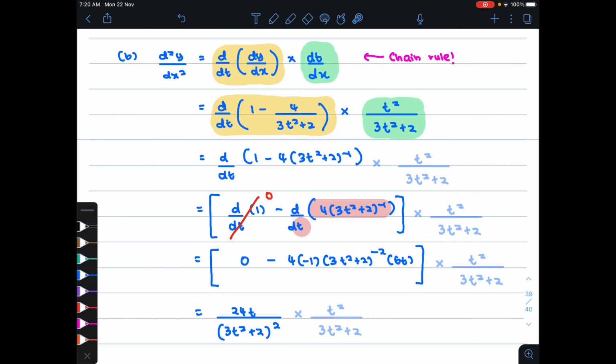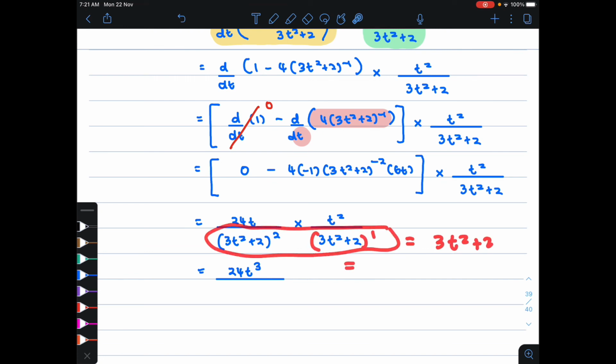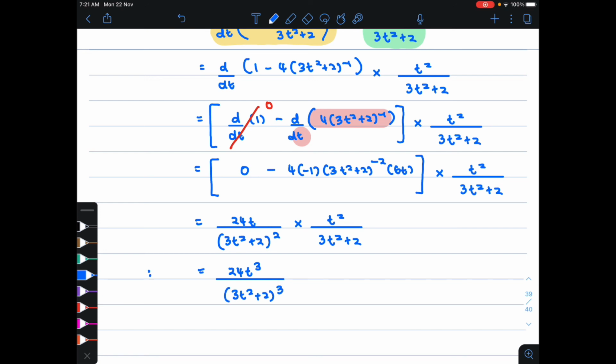So now let's simplify this function with this function. And hence d2y/dx squared is 24t cubed over 3t squared plus 2 to the power of 3.